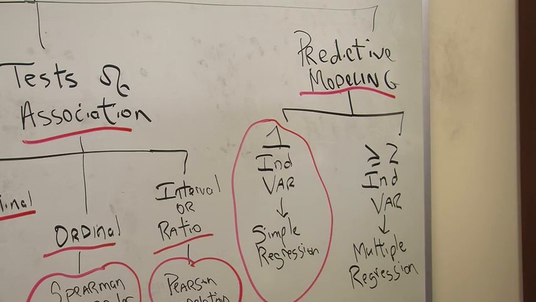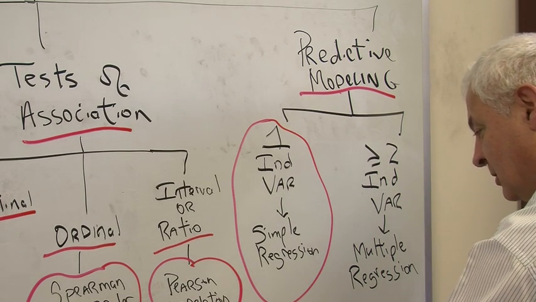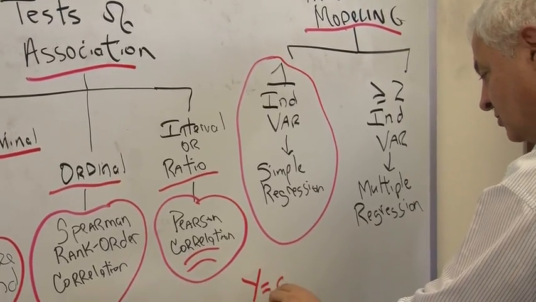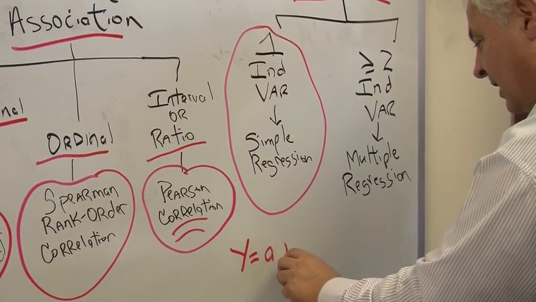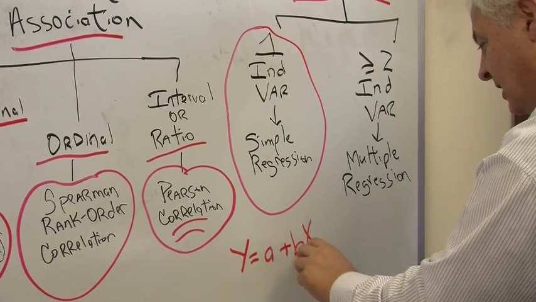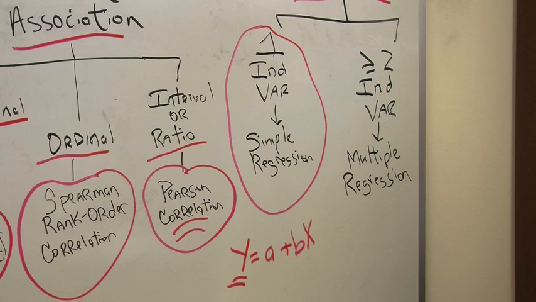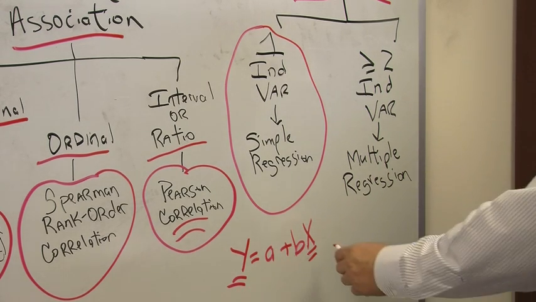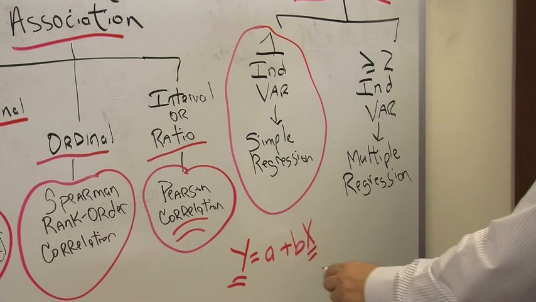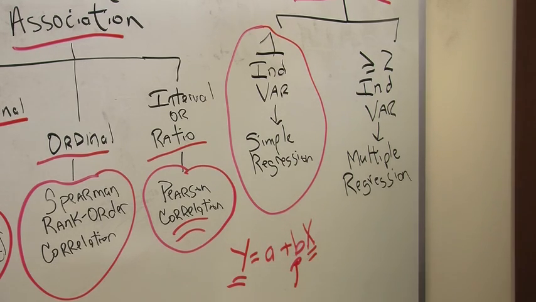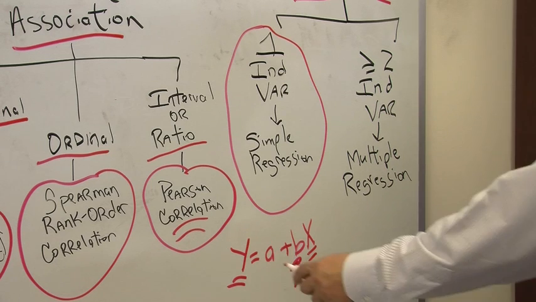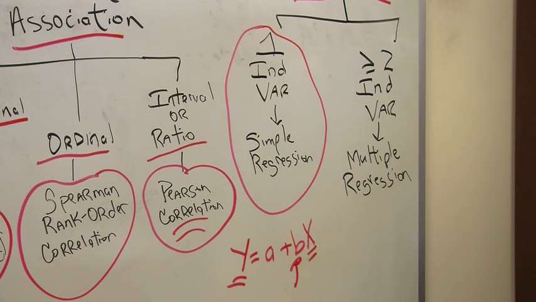As Orris shows in the book, chapter 12, and as I showed you in some of the earlier mini lectures, the simple regression model is organized around the notion of y equals a plus b times x, where y is our dependent variable. That's the variable that we're trying to predict. X is our independent variable. That's the value that we're using to predict our dependent variable. And b is the measure of how responsive variable y is to changes in x.